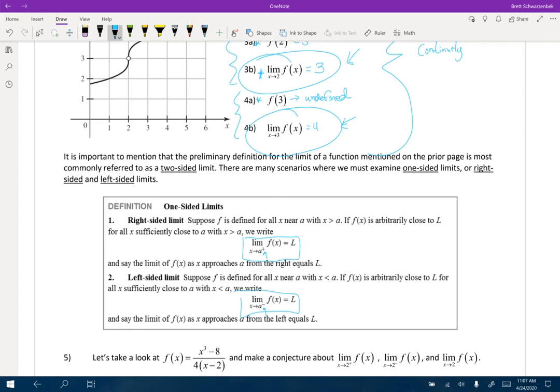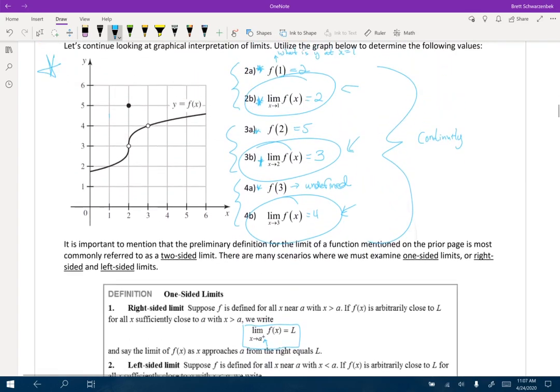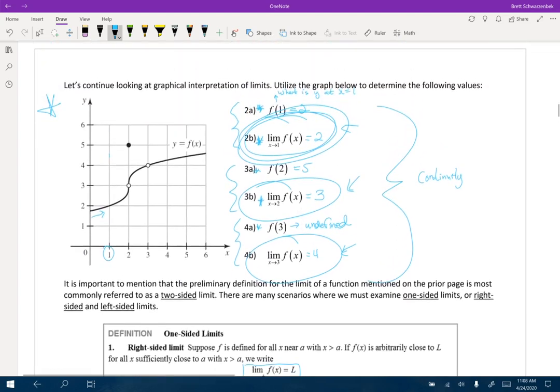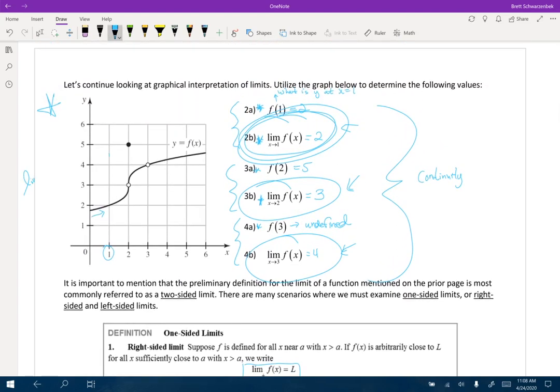So basically, if I was to do a quick summary, if we went back to our first problem, where x was 1, we approached it from this side. So how would we designate that? We would say the limit as x approaches 1 from the left side, minus sign, of our function is equal to, according to this, a height of 2. Then let's do green.